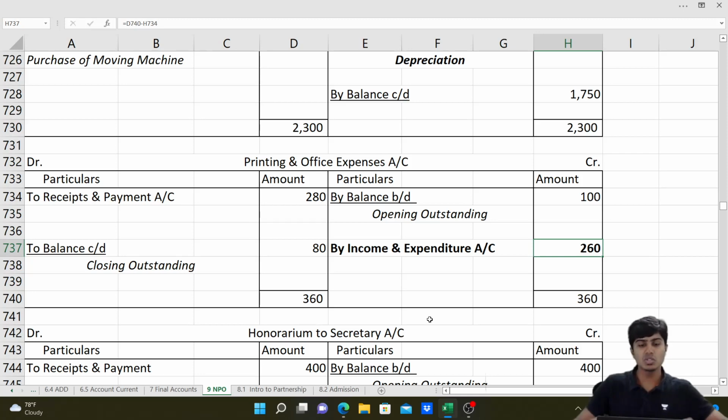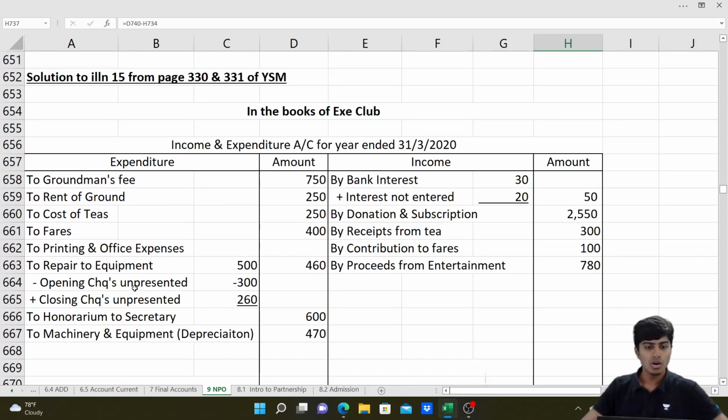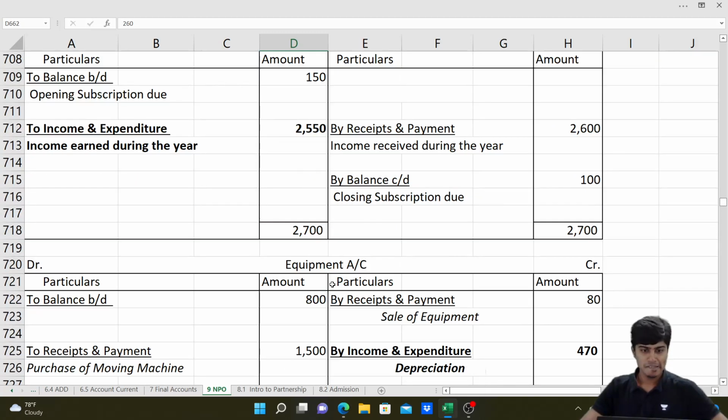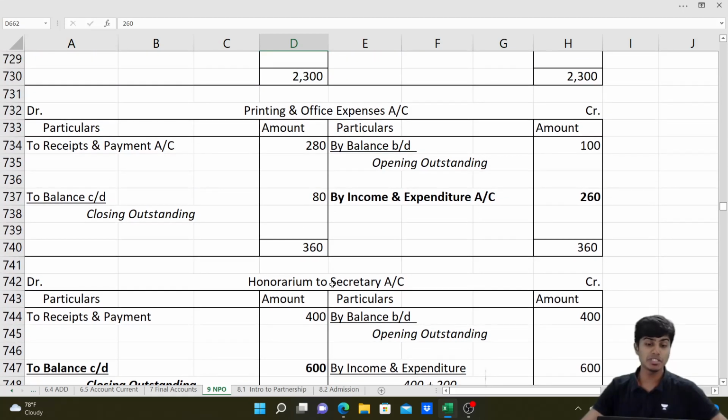Let me now write this 260 to the expense side in our income and expenditure account. On the debit, I'll write printing and office expenses, which is already there, 260 rupees. Everyone got this? Great. By this, I'm done with my printing and office expense account.